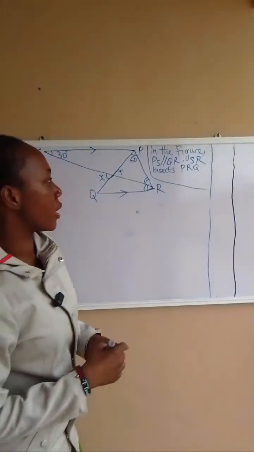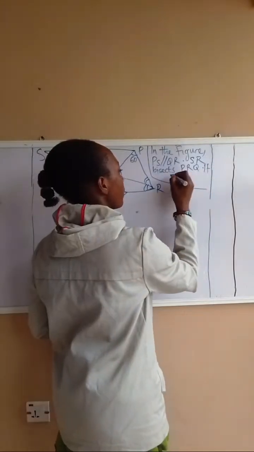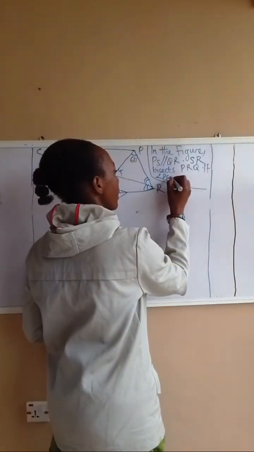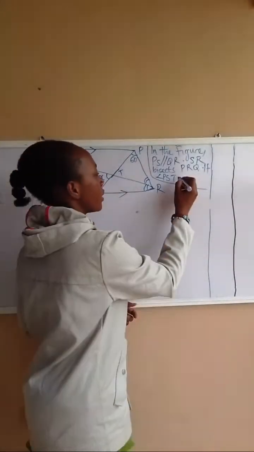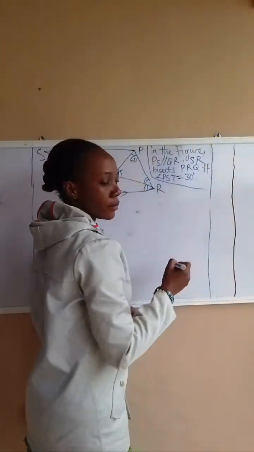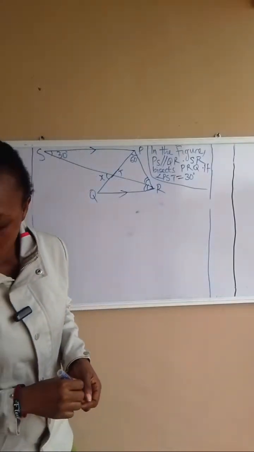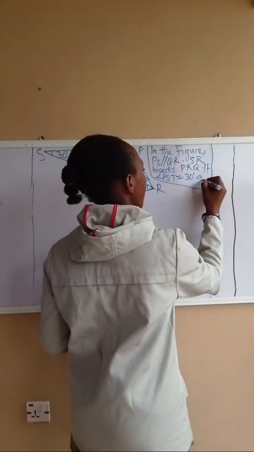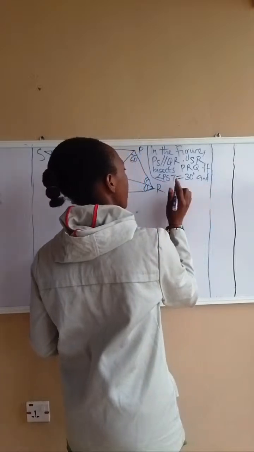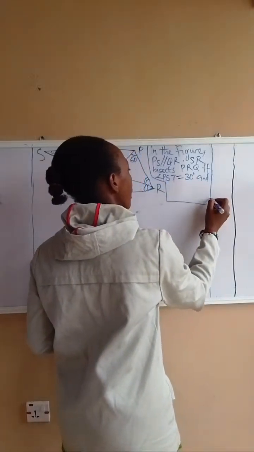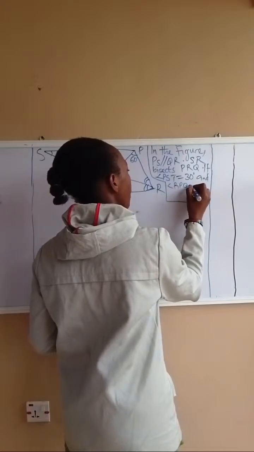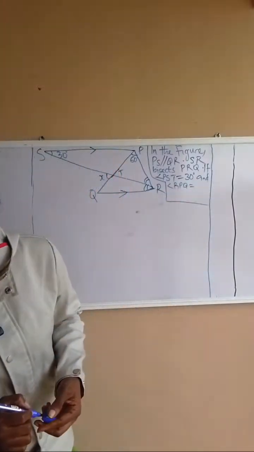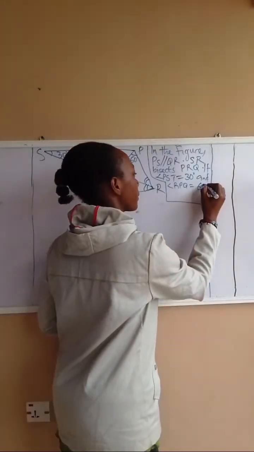If angle PST is equal to 30 degrees and angle RPQ is 60 degrees.